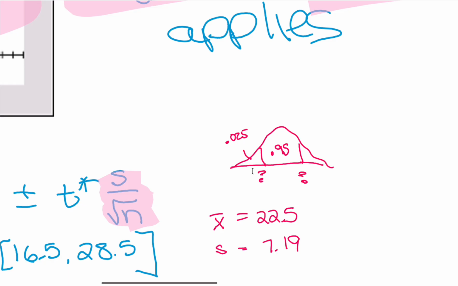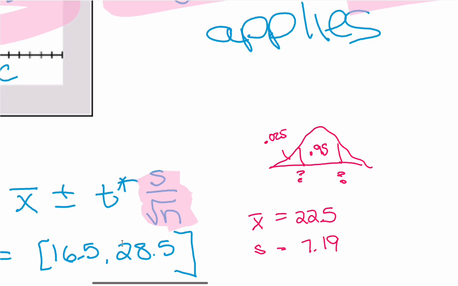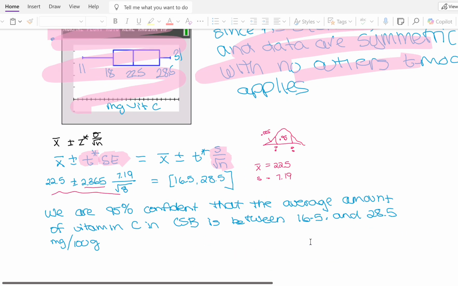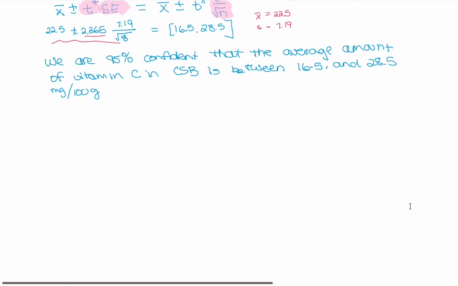So we're going to have two endpoints and create an interval. And that makes sense, right? If it's a 0.95 confidence interval, then each tail should be 1 minus 0.95 divided by 2, which gives you 0.025. x bar and s, you can feel free to restate right here. It will be nice for you to restate that.